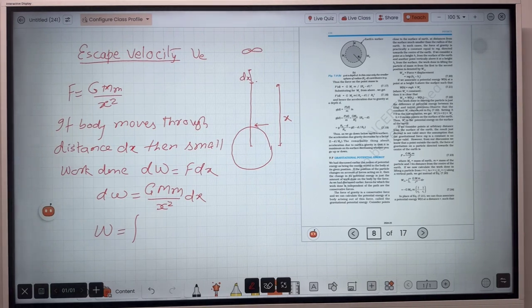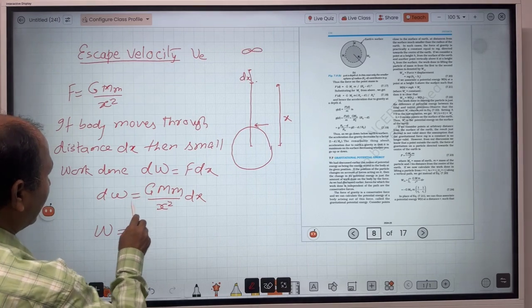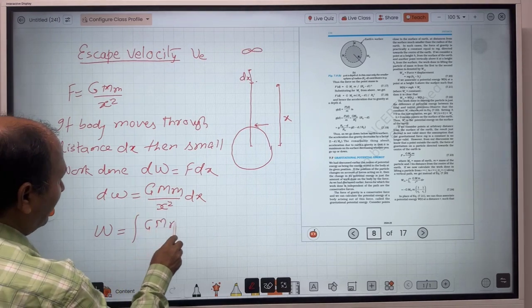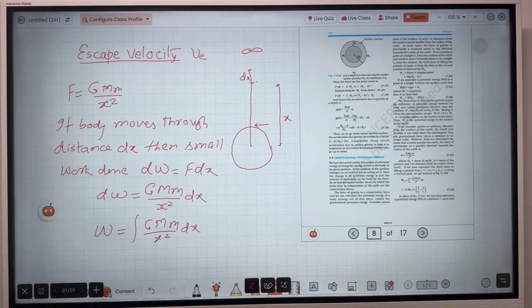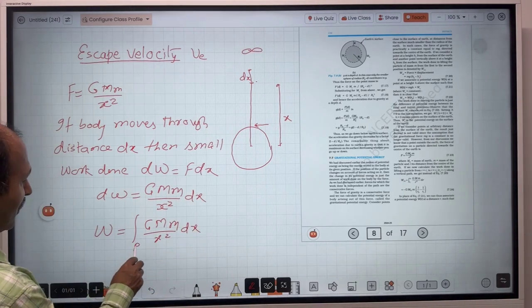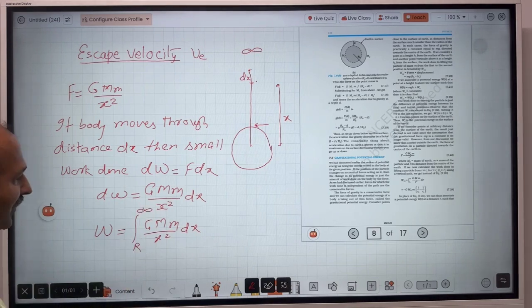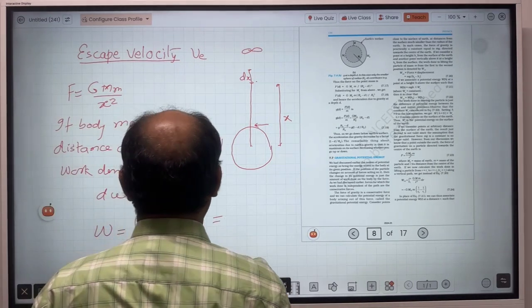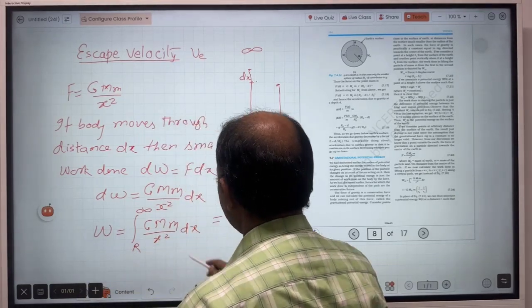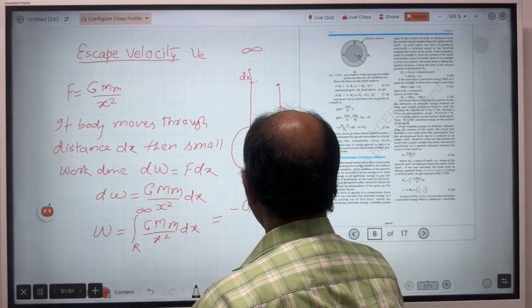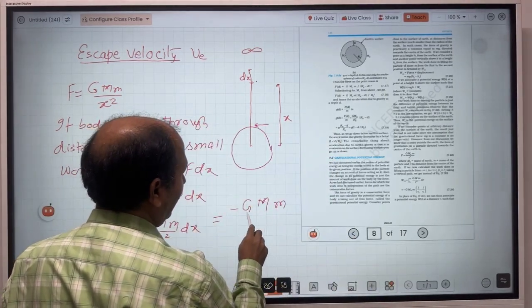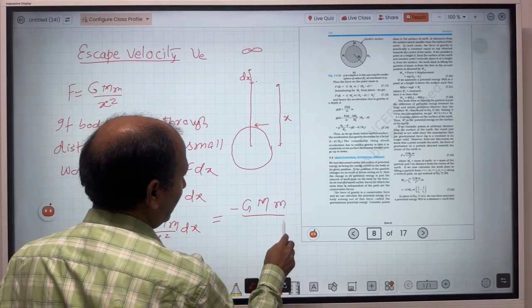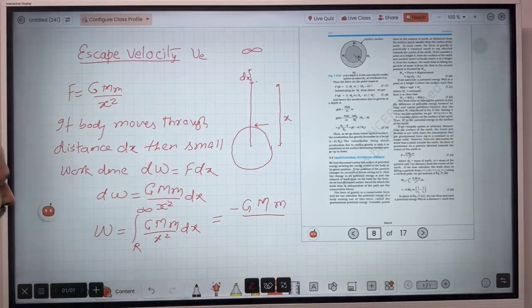So here W equals the integral of GMm divided by x square dx, and we put the limits from R to infinity, right? So this will become minus GMm times, here the minus sign is because the integration of 1 upon x square gives x to the power minus 1 upon minus 1.